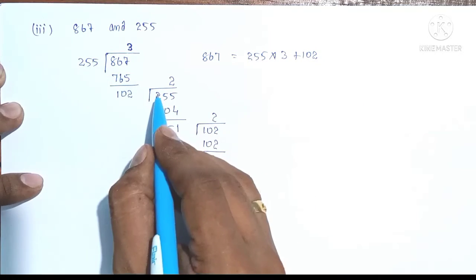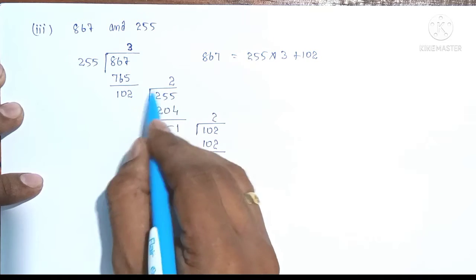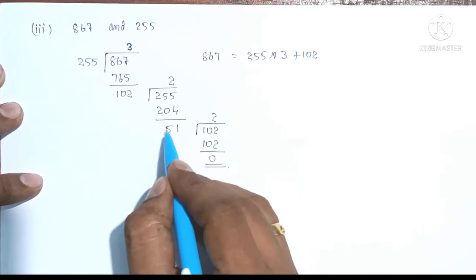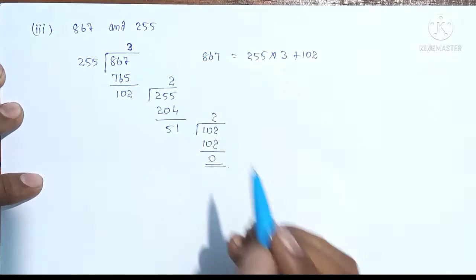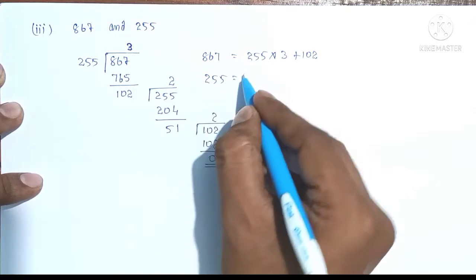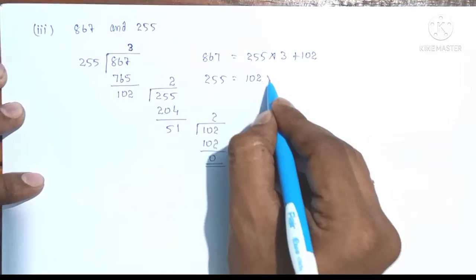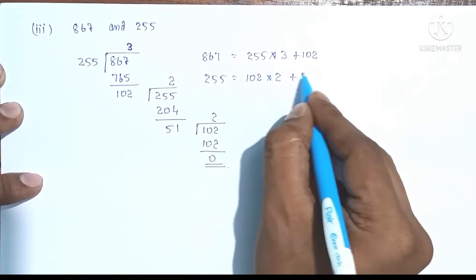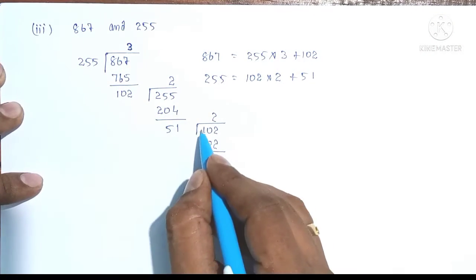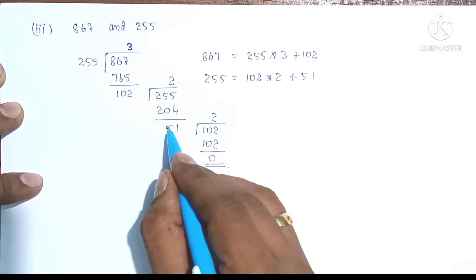So this divisor will come here. 255 divided by 102. So 2 into 102 is 204. The remainder is 51. Again the remainder is not equal to 0. So 255 is equal to 102 into 2 plus 51. So again we will take this divisor here, 102 divided by 51.